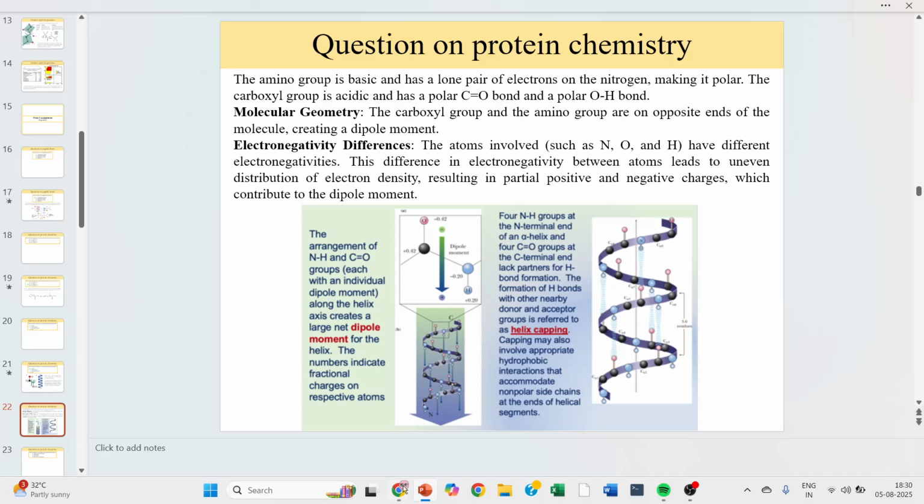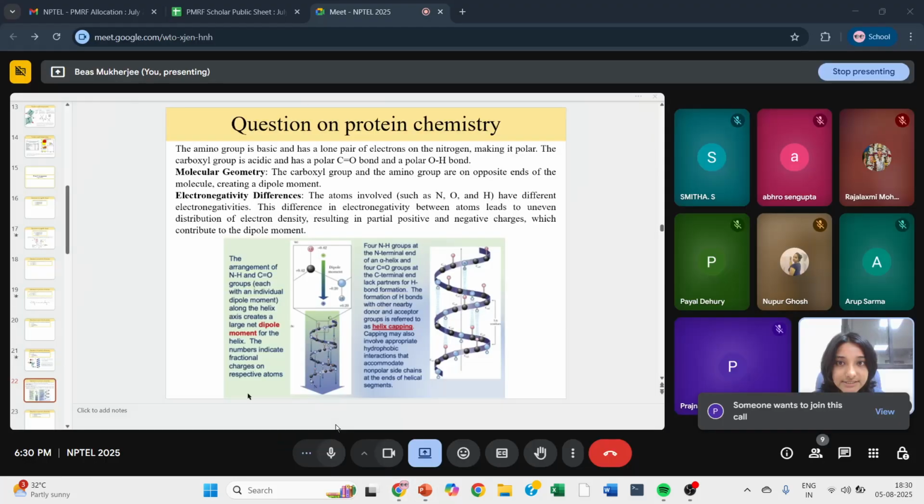Okay. So see here, this has been explained better. This amino group is basic and has a lone pair of electrons on the nitrogen, making it polar. A carboxylic group is acidic and has a polar CO bond and a polar OH bond. As for the molecular geometry, the carboxylic group and amino group are on the opposite ends of the molecule, creating a dipole. This is what I explained to you, right?